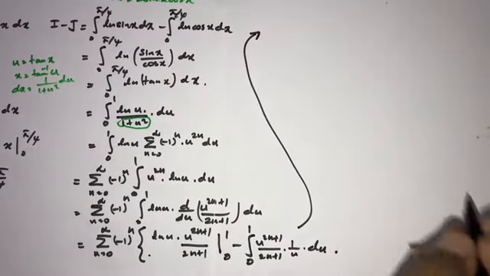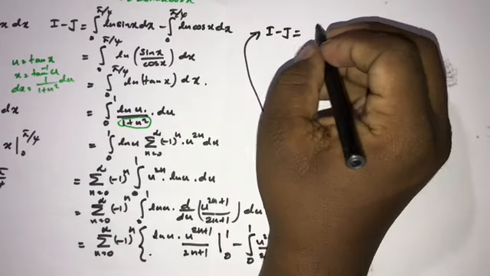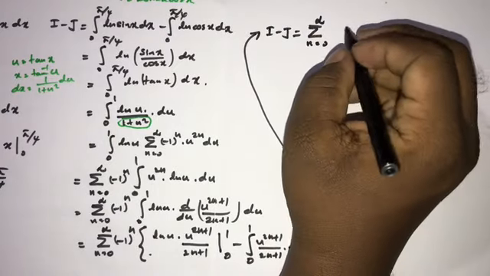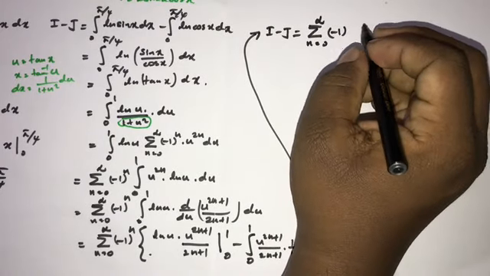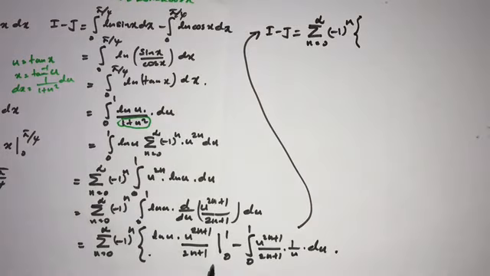we can write this is equal to, so I minus j is equal to infinite sum 0 to infinity minus 1 to the n power, and here we know now if we plug in 1, natural log of 1 is equal to 0. If we plug in 0, this is equal to 0, so this term is going to be 0.